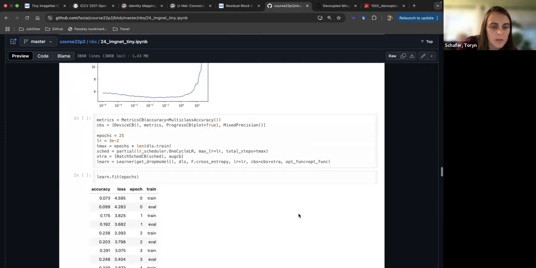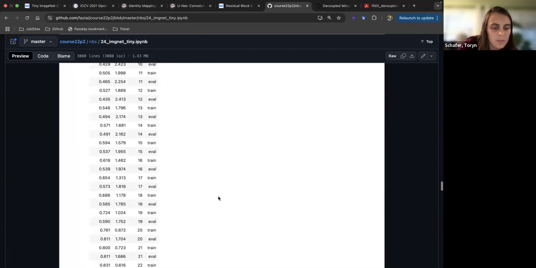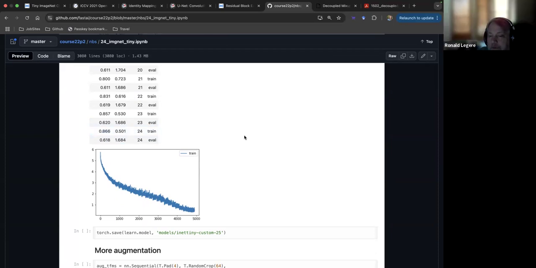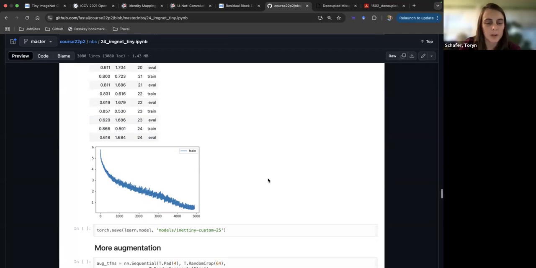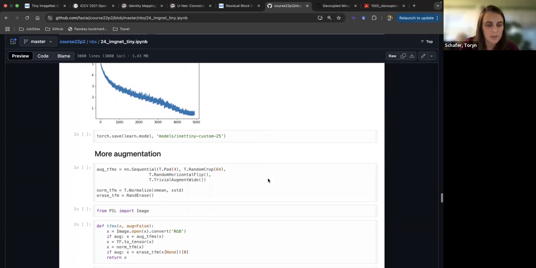Metrics. So now we have 2% better and less overfitting with making the model deeper by adding the res block.